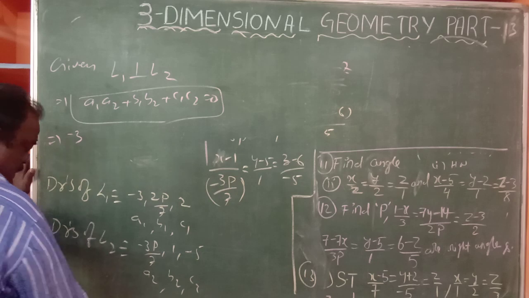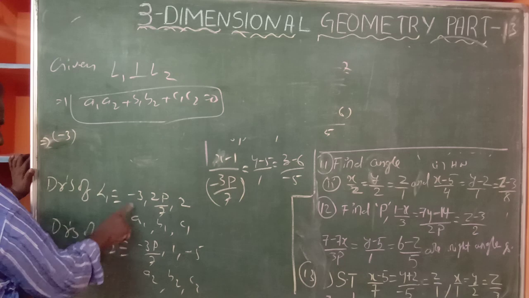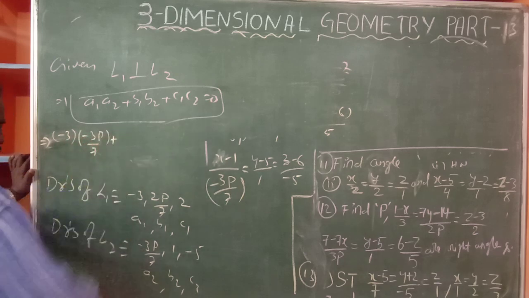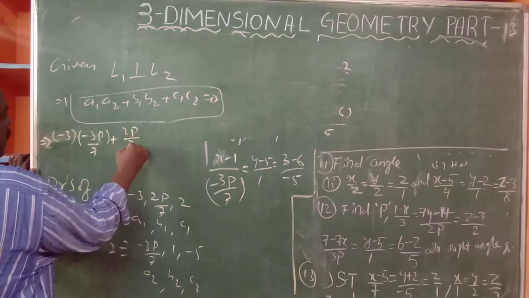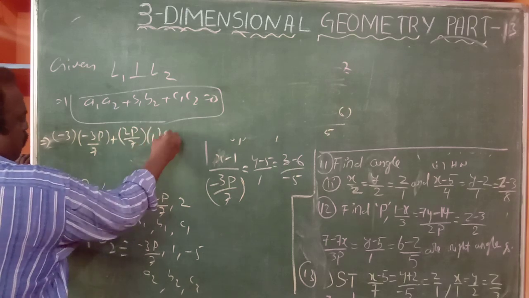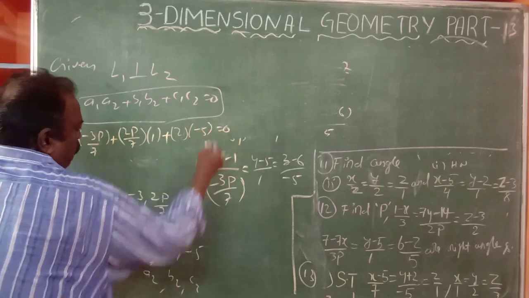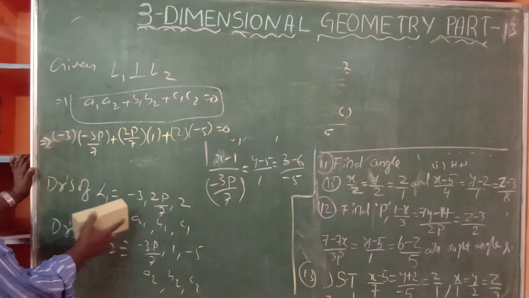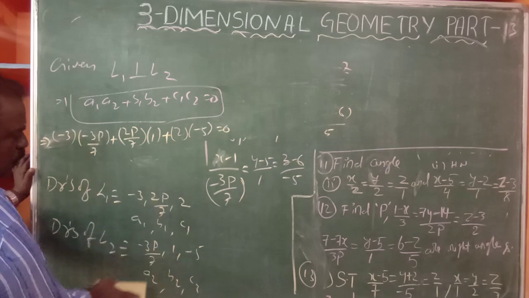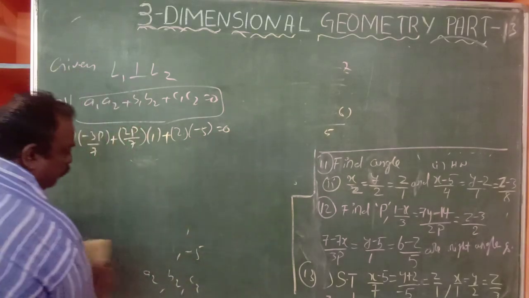It is minus 3 into minus 3p by 7, plus 2p by 7 into 1, plus 2 into minus 5 is equal to 0 by using that formula.